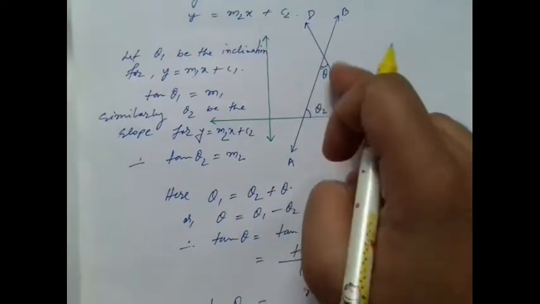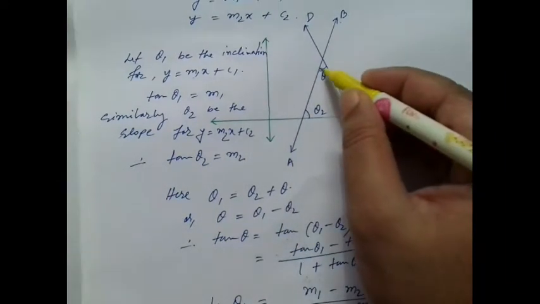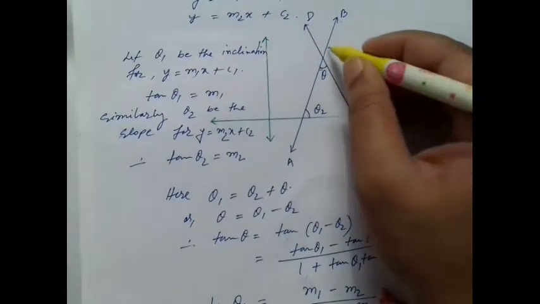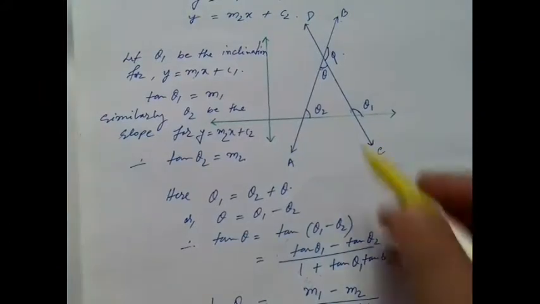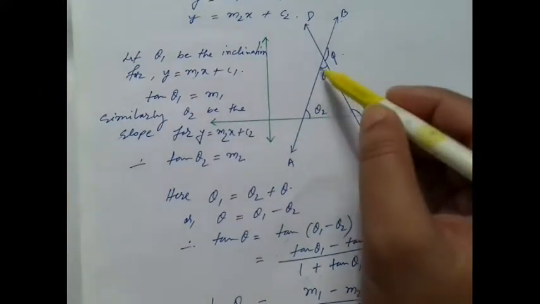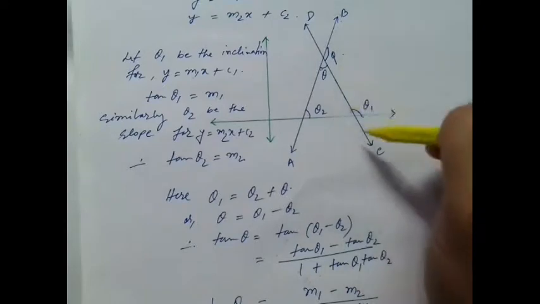Okay, now from the diagram what I have made here, you can see that this one is an acute angle. So naturally, if we consider the other angle as phi, then there are two angles between AB and CD.